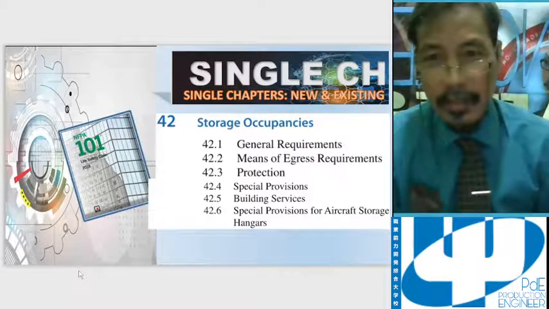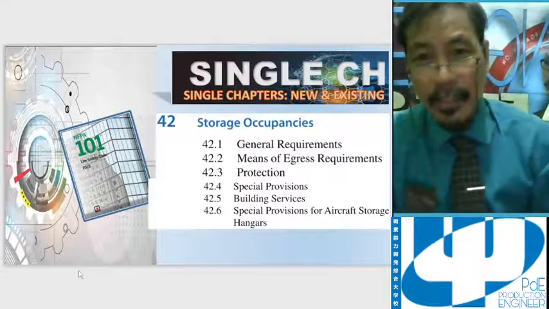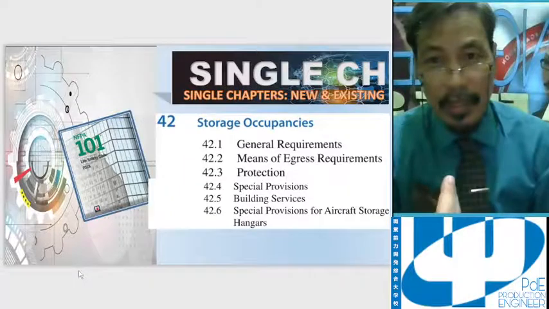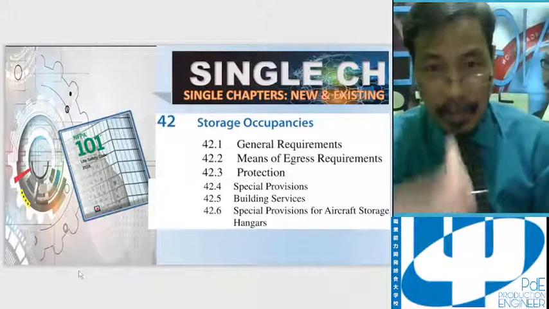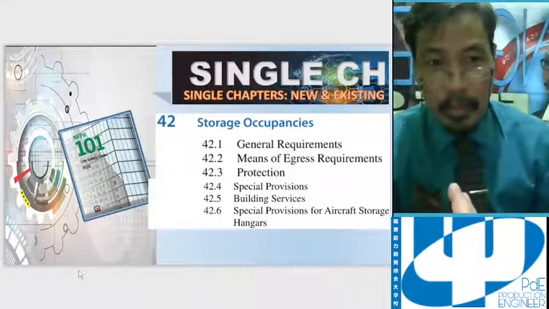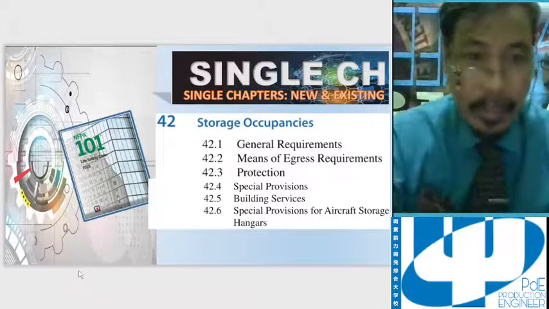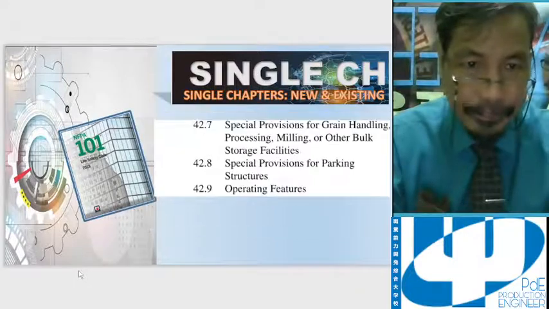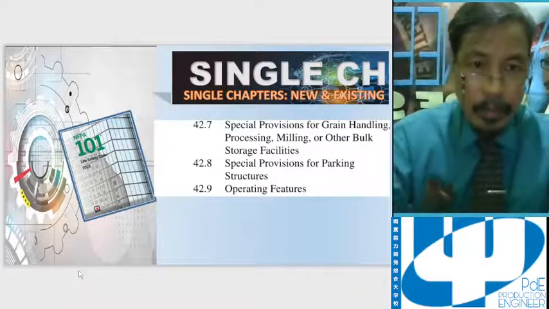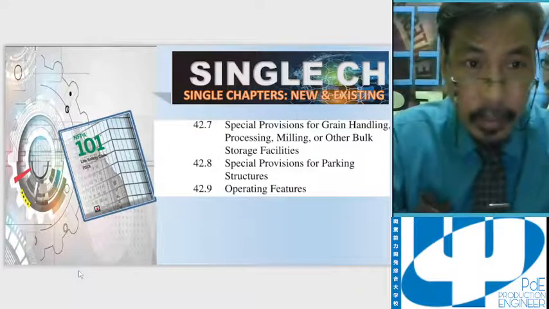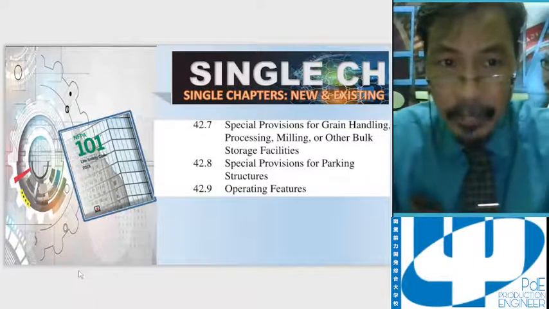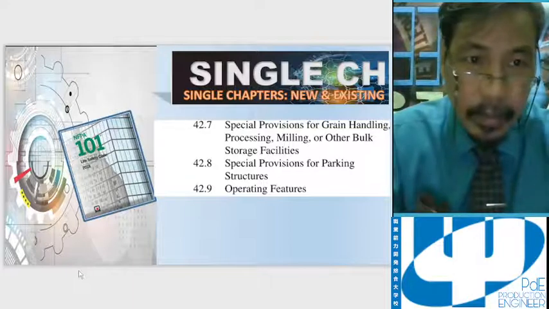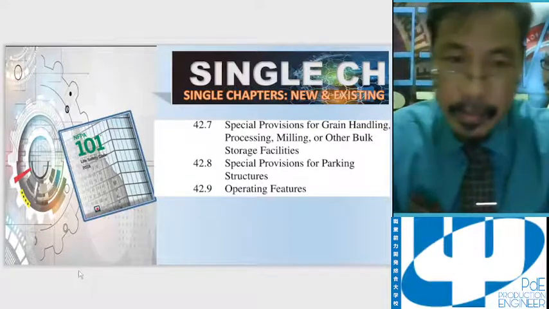So in the industrial chapter, we have aircraft hangars for the reserved section, but now we have special provision for storage hangars. We also have special provision for grain handling, processing, milling, or other bulk storage facilities.